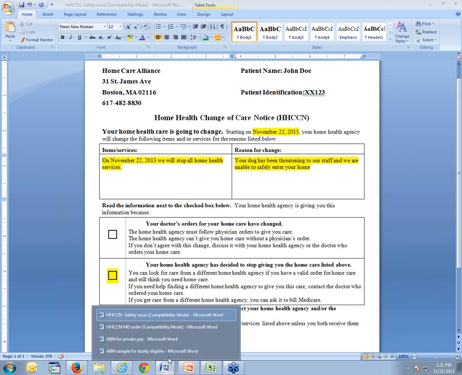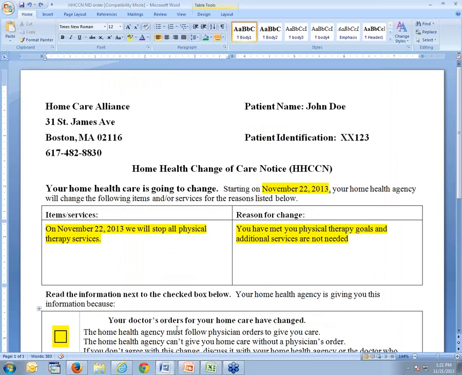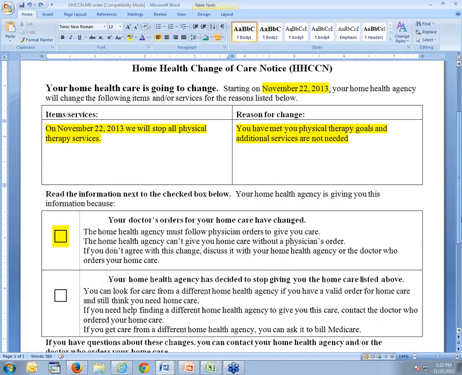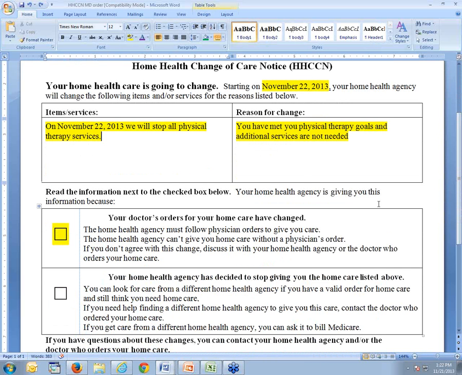The other example that I've used is because of an MD order. So the physician is saying stop all physical therapy. And the reason is you have met your physical therapy goals and no additional services are needed. Therefore, you would be checking the top box: the physician orders for your home care have changed.